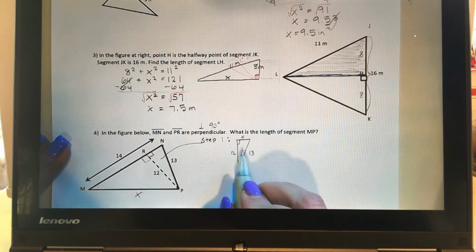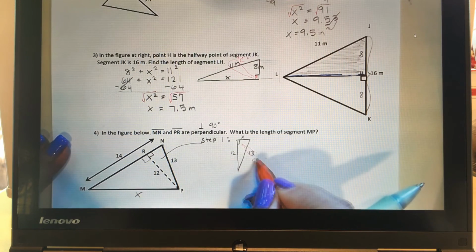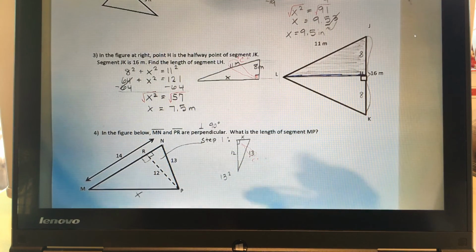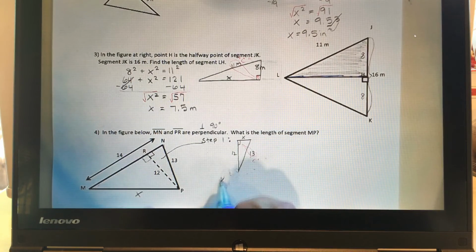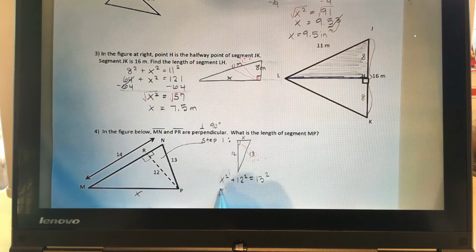So using Pythagorean theorem, here's my side C. So 13 squared is the longest side. Sorry. X is my smallest side. 12 is my medium side. 13 is the longest. So solving that, 144. 13 squared is 169.